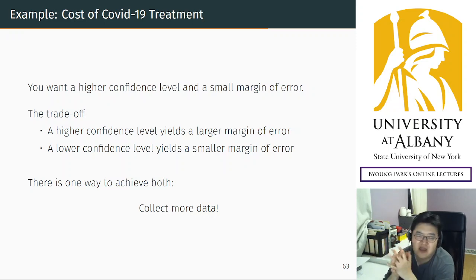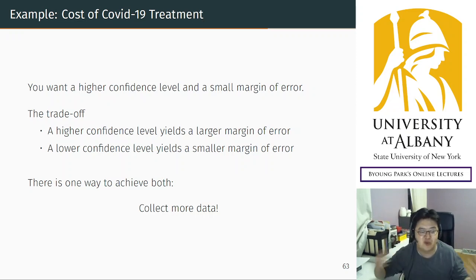And I said they are a trade-off, but actually there is one way to achieve both. That is to collect more data. So if you can increase the sample size, then you have more information, so you can do better in every dimension.